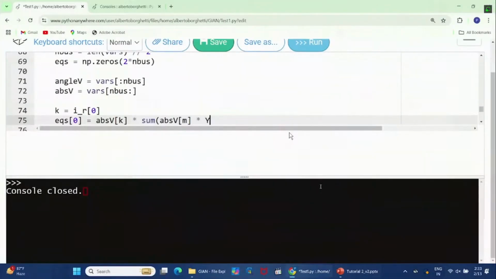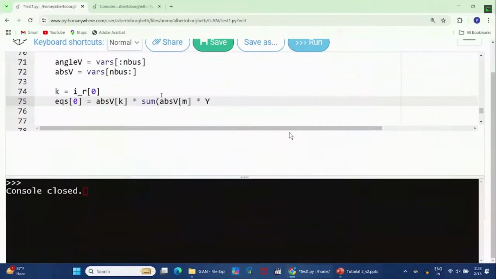So for the real part, I can mention Y, that is our admittance matrix, and the elements are K and M. But the real part is G, so dot real, and then times the cosine. So the cosine is in the NumPy library, so np.cos. And it is the angle, so angle V in K minus angle V in M.